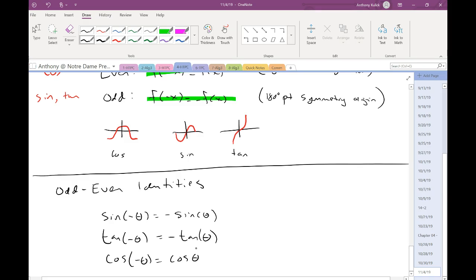And the nice part is, because sine and tangent are odd, their reciprocals are also going to be odd. Because cosine was even, its reciprocal is also going to be even. So I can say the same thing about the reciprocals of each of those.